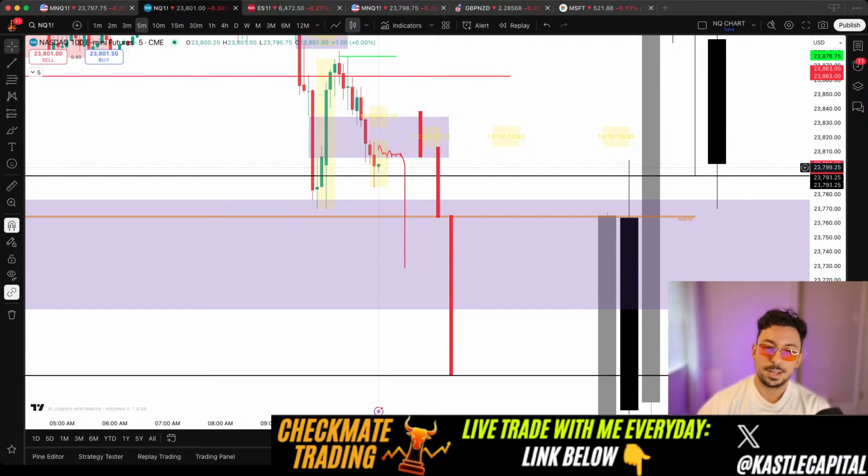Okay, I'm not a huge fan of that 5-minute close, I'm not gonna lie. I think on the 1-minute chart, I'm gonna move my stop to the top of the 5-minute gap. So I'm gonna lock in $100 per contract on micros.